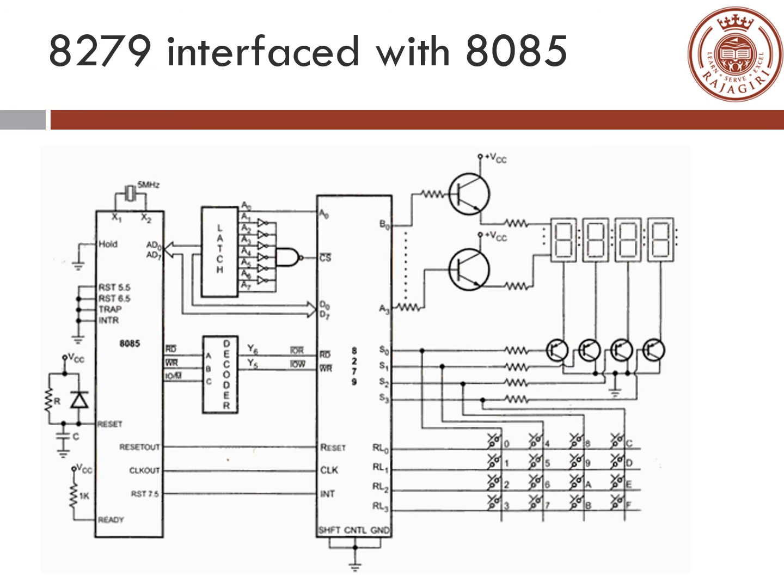The reset out is connected to reset, clock out is connected to clock, and RST 7.5 is connected to the interrupt going out of the 8279 and into the 8085. The other signals on the left hand side of the 8085 are standard signals, as we have seen. Then there is shift, control, and ground of the 8279 has been grounded over here.